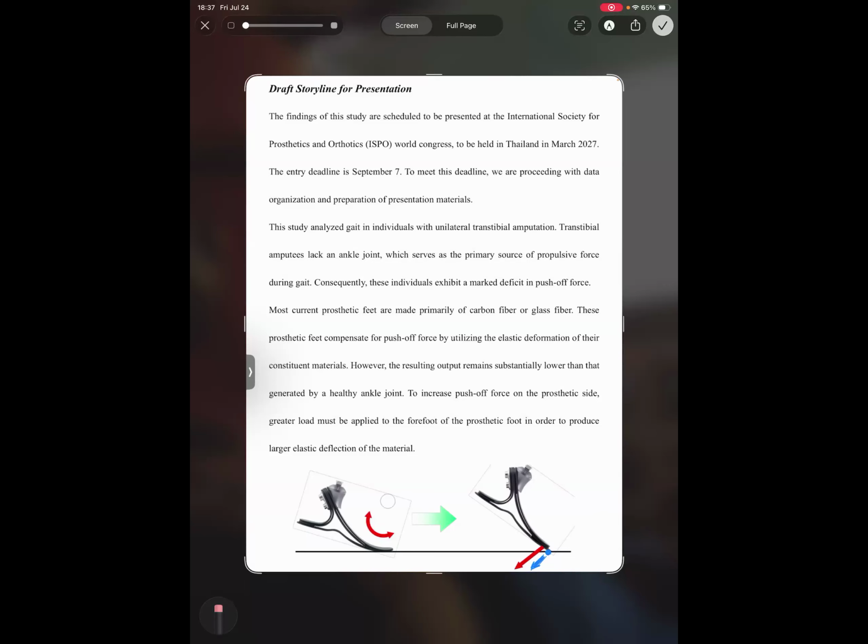I don't know what's happening here, but we'll discuss this. It's elastic deformation. Okay. But as far as this point here, there is also the possibility of showing two vectors, right?